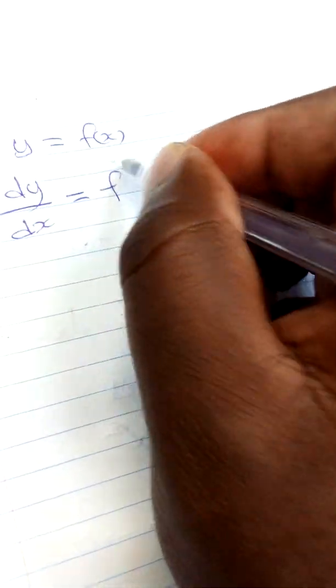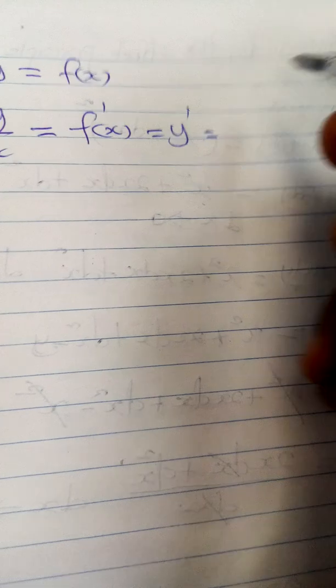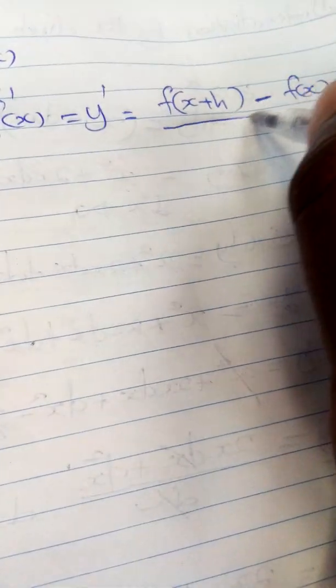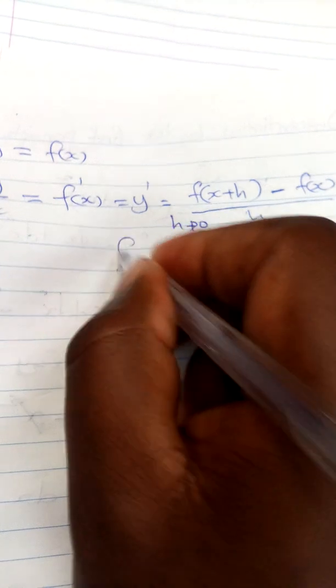That is, when y is equal to f of x, then dy over dx, commonly represented as f prime of x or y prime, shall be given as f of x plus h minus f of x over h when h is approaching 0. That is the first principle.